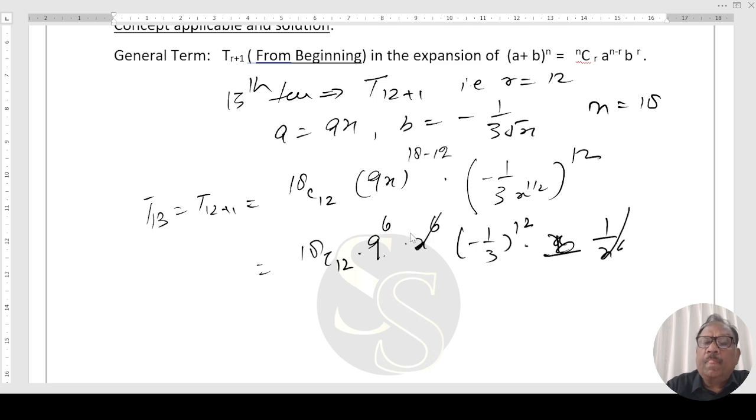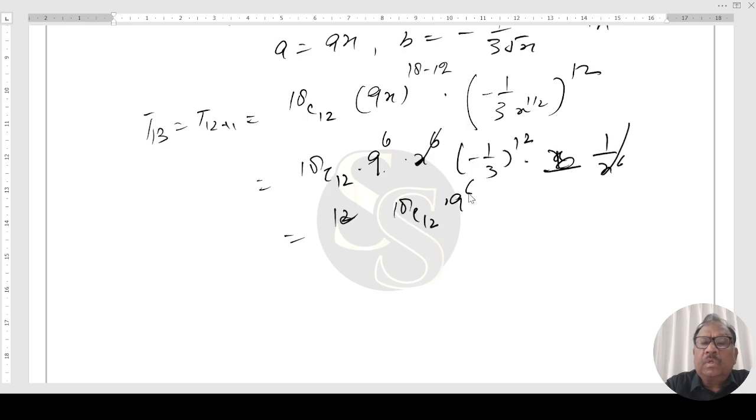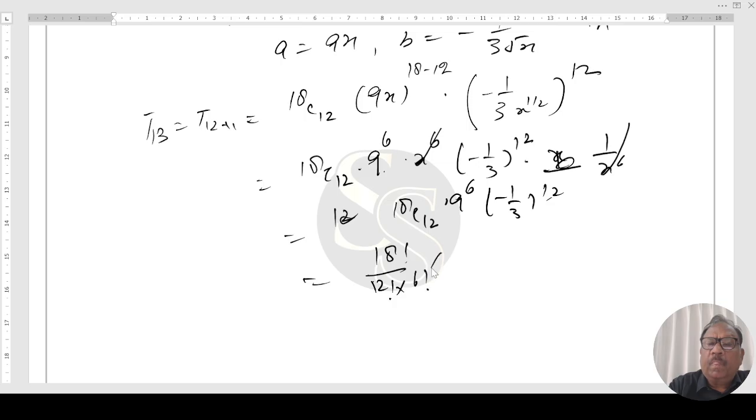On simplification we get 18C12 into 9 to the power 6 into minus 1 by 3 to the power 12. On simplification the answer will be positive: 18 factorial upon 12 factorial into 6 factorial into 9 to the power 6 into 1 by 3 to the power 12.